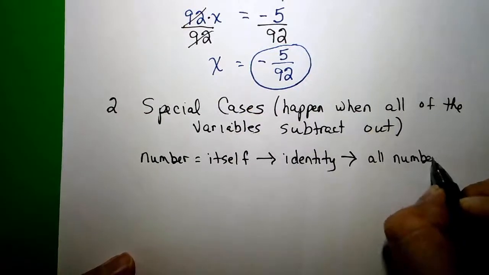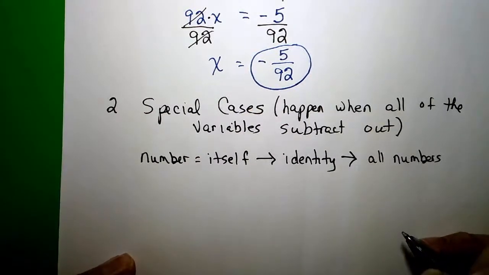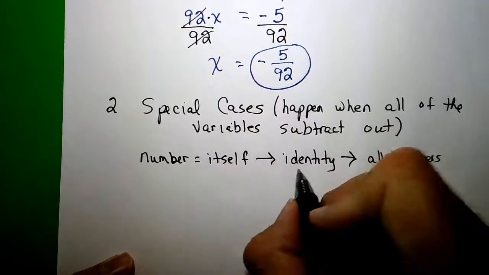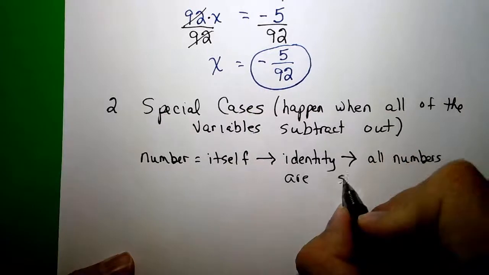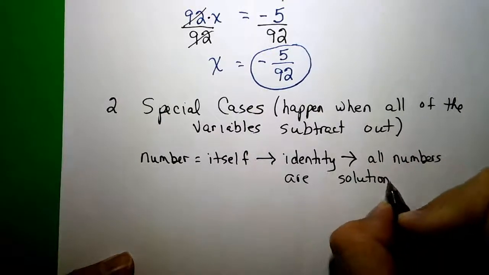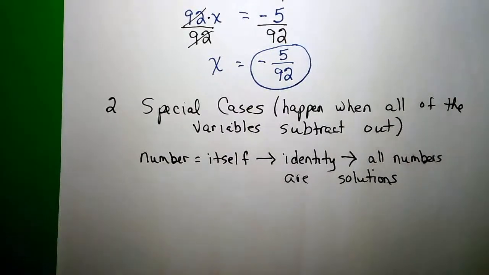It doesn't matter. There's not going to be an x equal just one number. It's going to be x equals every number. So that's one special case.